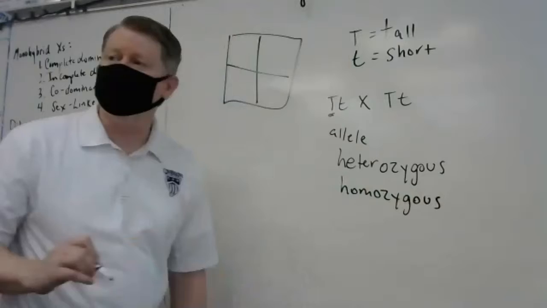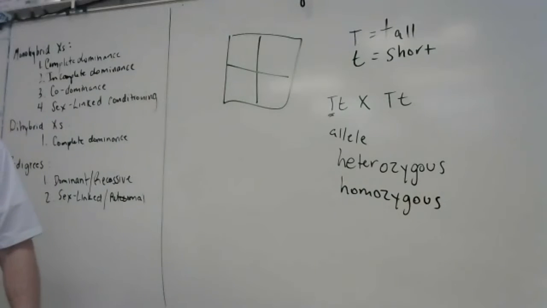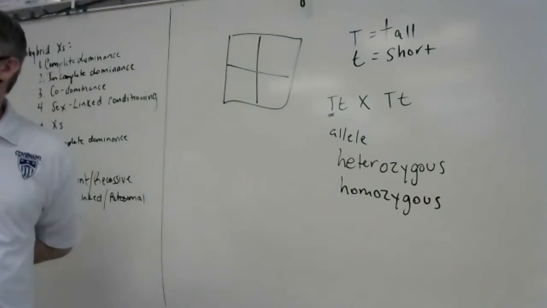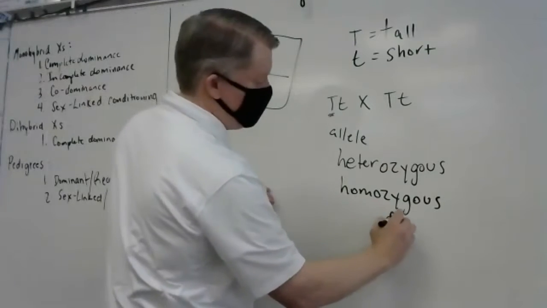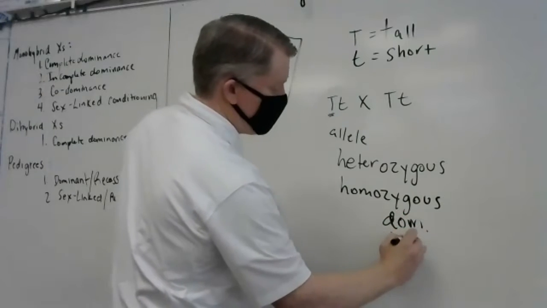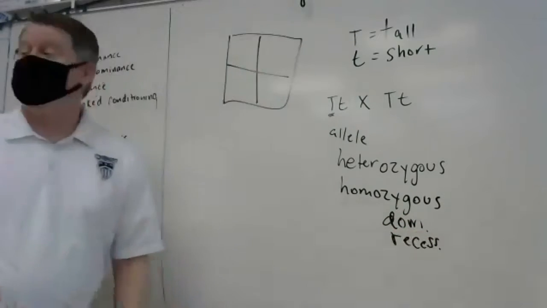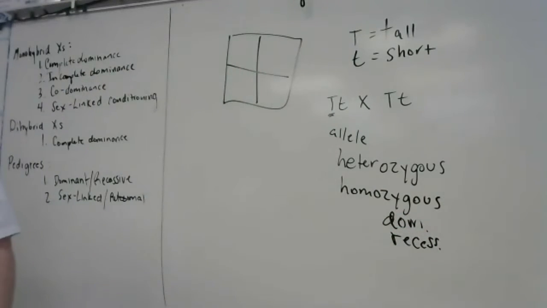Now, homozygous needs some clarification, right? You can't just say homozygous. What must come after that? Something has to come after you say homozygous. Yeah, you've got to clarify, is that homozygous dominant or is it homozygous recessive? Because homozygous just means those alleles are identical. That's all it means.